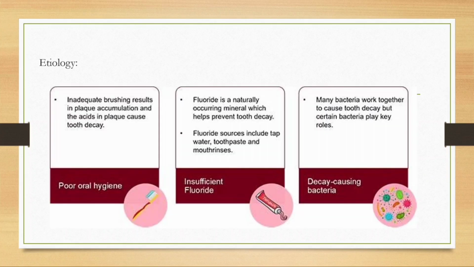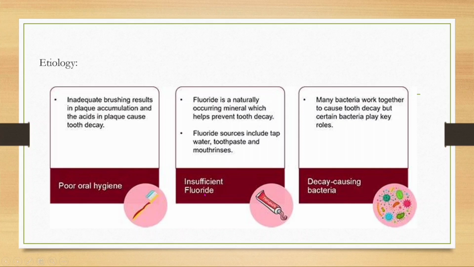So what could be the etiology? It is very simple: poor oral hygiene, insufficient fluoride, and decay-causing bacteria. As we all know, if oral hygiene is not there, it is directly linked to plaque accumulation, and over the plaque we will have bacteria, which produce acid and cause tooth demineralization, which is tooth decay.